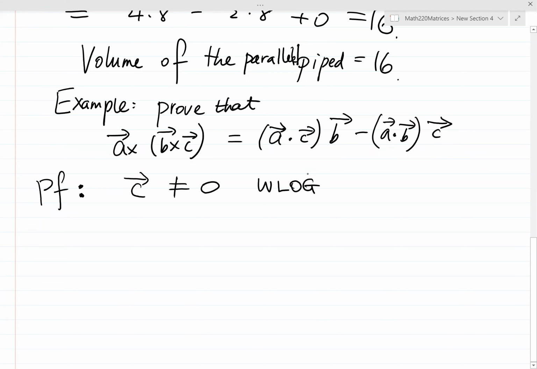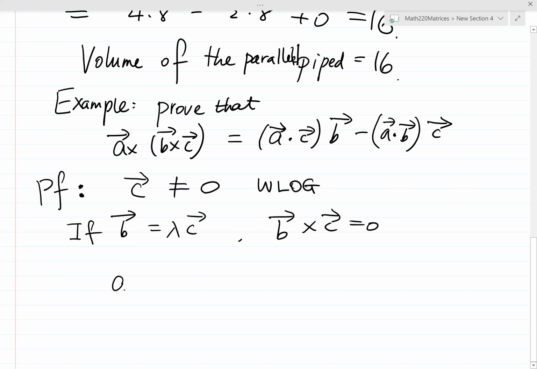So now, of course, if B equals lambda of C, if B is parallel with C, then the left side B cross C will be 0. So we get 0 equal to, so we get the same answer. The left is 0.